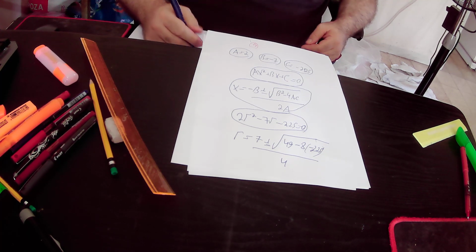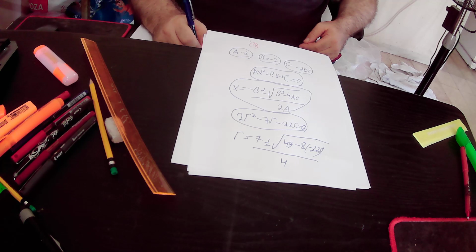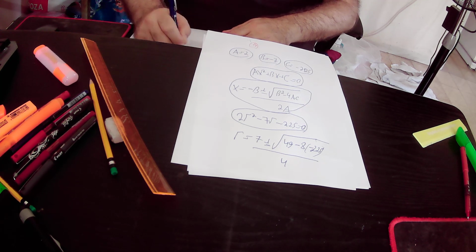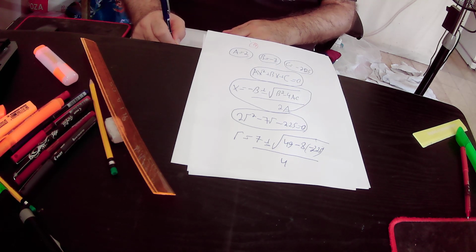Okay, so R equals to 7 plus minus root of 49 plus 1800 over 4.